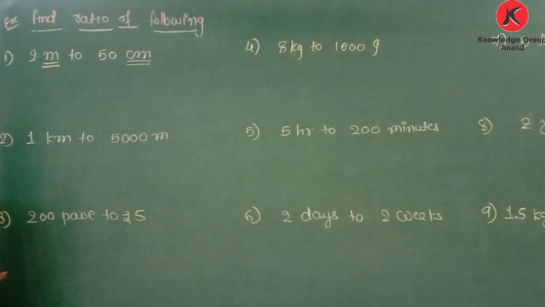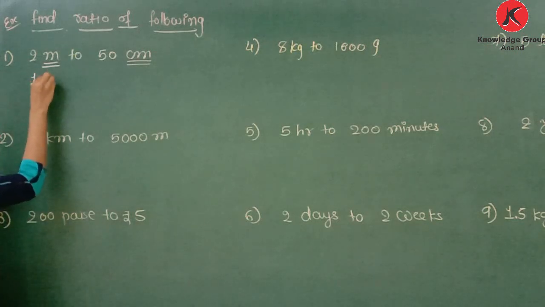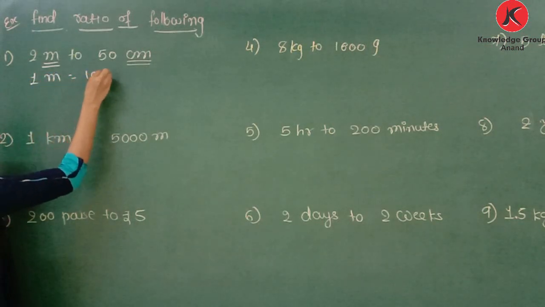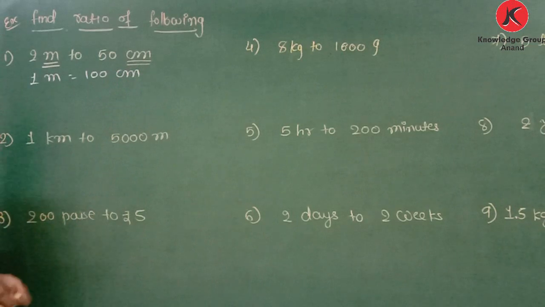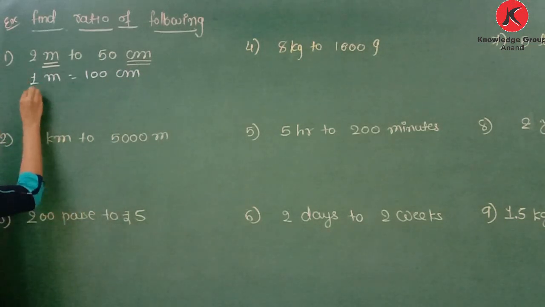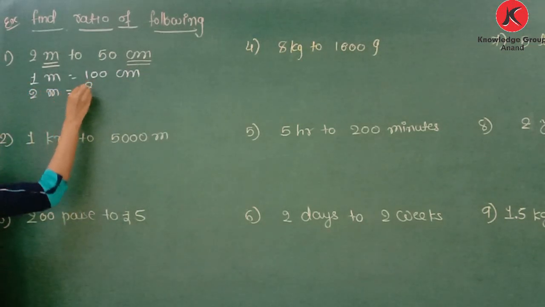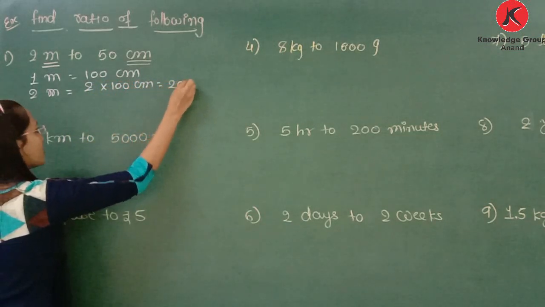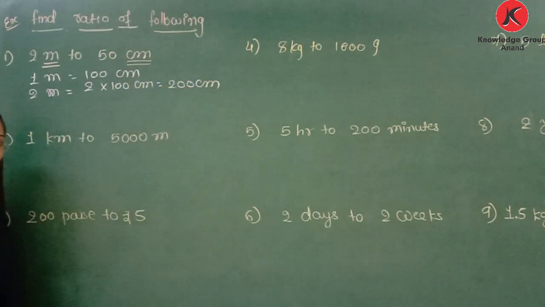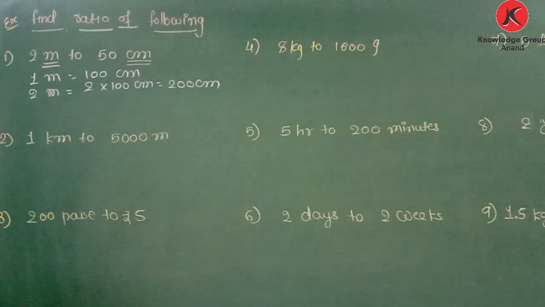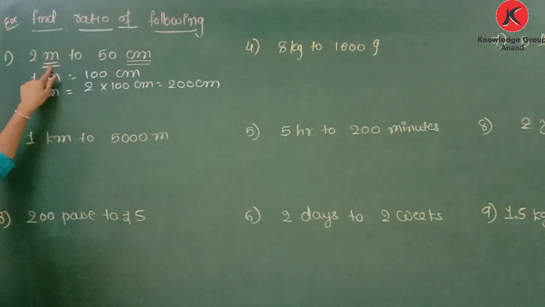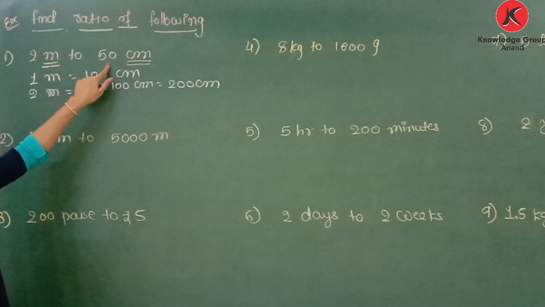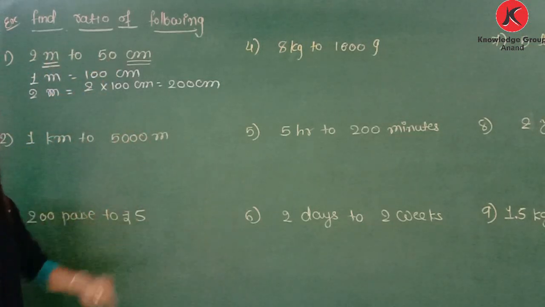Let's start with the example. 1 meter is equal to 100 centimeter. Now 2 meter is equal to 2 into 100 centimeter, that is 200 centimeter. Now in a ratio, whatever quantity is first will be your numerator, and whatever is second will be the denominator.